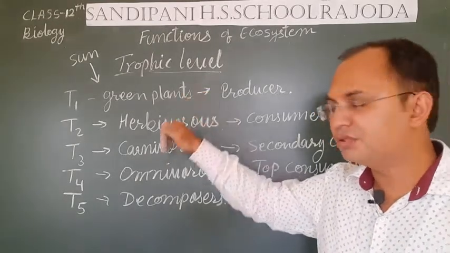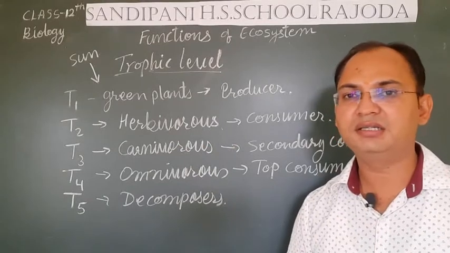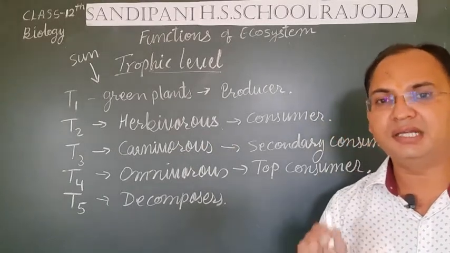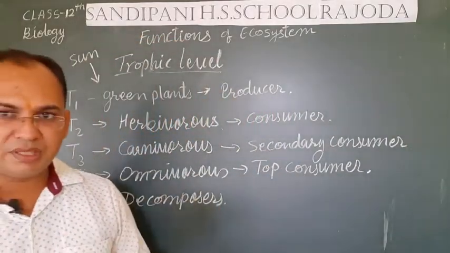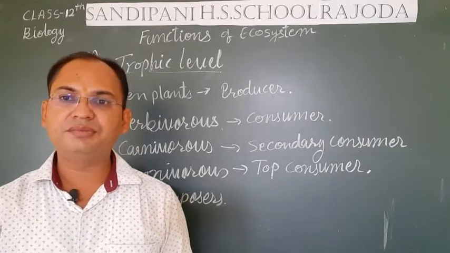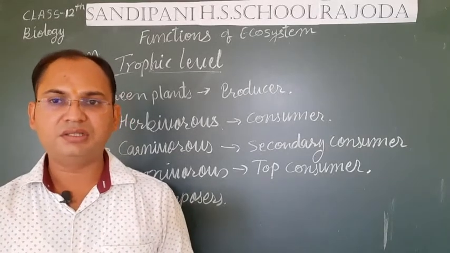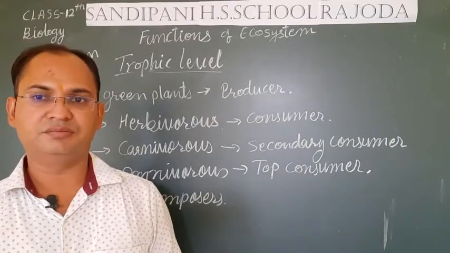Either plants or all the three trophic level animals, when they die, the decomposers decompose them, break down their complex organic substances into their constituent atoms or minerals and release them again in the ecosystem.